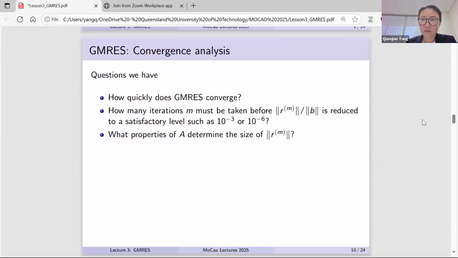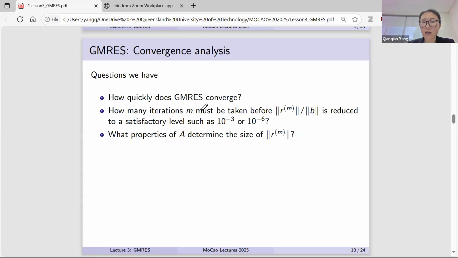All right, so this comes to our convergence analysis. The questions on our mind are things like: how quickly does GMRES converge? In the previous example, it doesn't come down until the very end. How quickly should it converge?